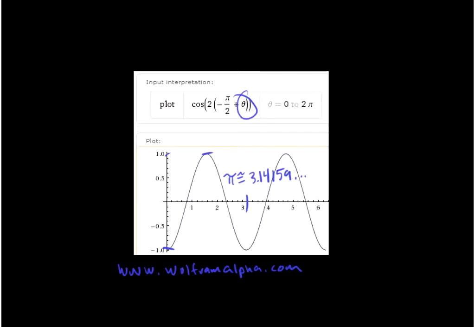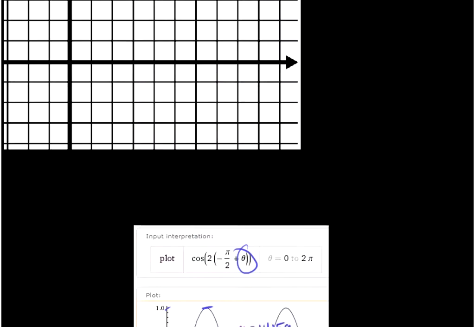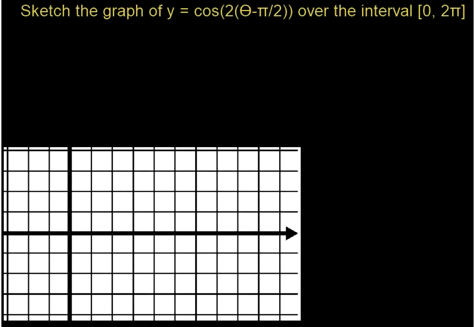Okay, so let's see how we would graph this. First, we can simplify this argument here. Anytime you have y equals something or f of x equals something, that's the same notation.